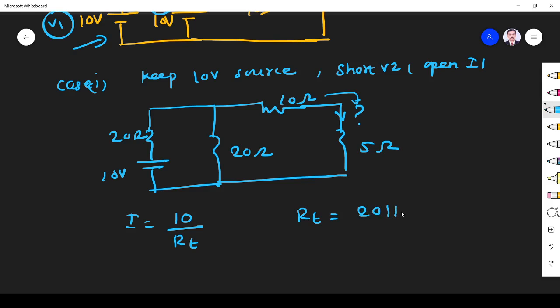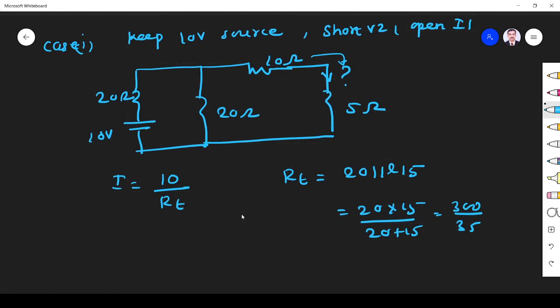So 20 parallel 15, that is 20 into 15 divided by 20 plus 15, that is 300 divided by 35, which is 8.57.